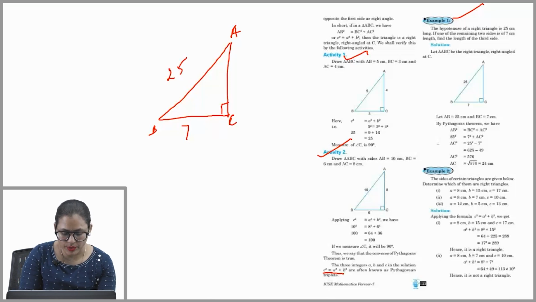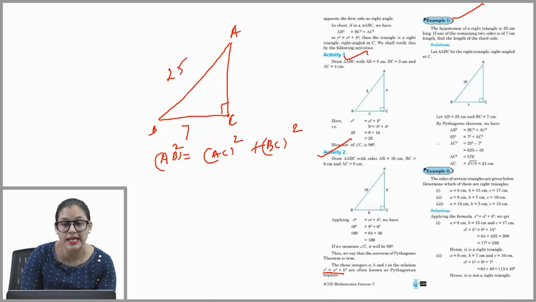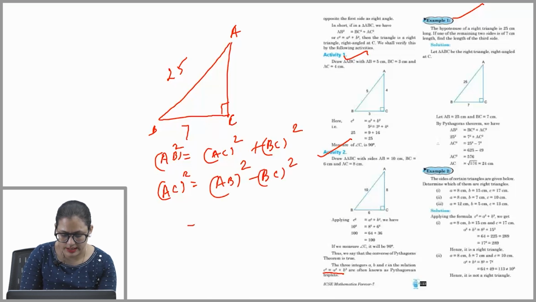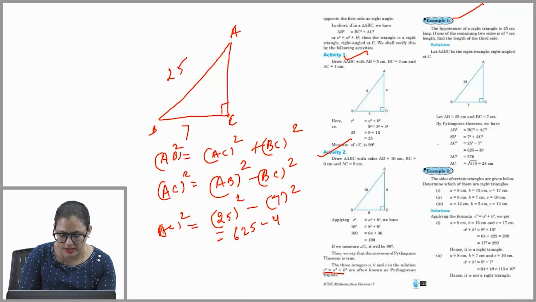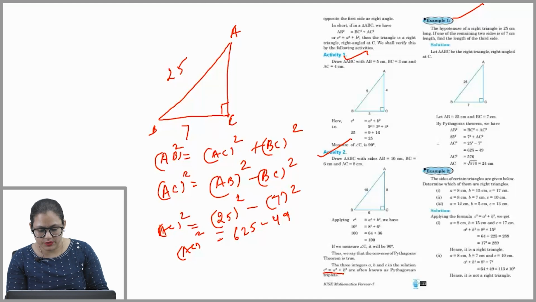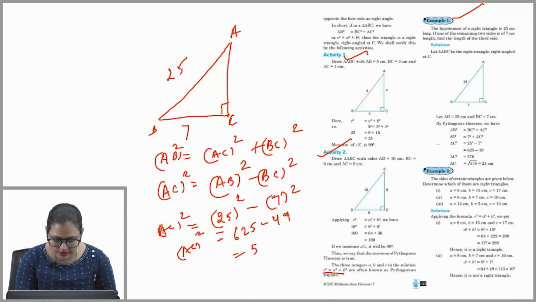According to Pythagoras theorem, AB square is equal to AC square plus BC square. We have to find AC square. So, AC square is AB square minus BC square, which is 25 square minus 7 square. The square of 25 is 625 minus 49, which is 576.